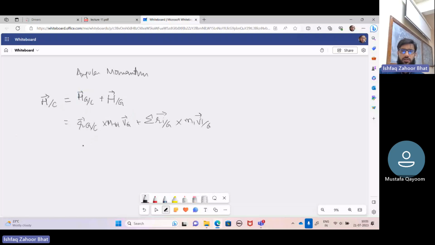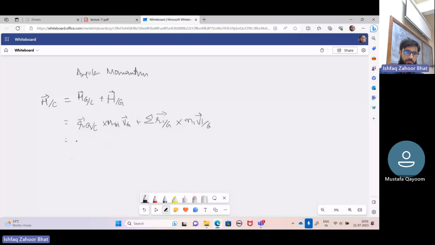Is it correct? We have done this before. This is the position vector of the center of mass crossed with the linear momentum, and this is the angular momentum about the center of mass.